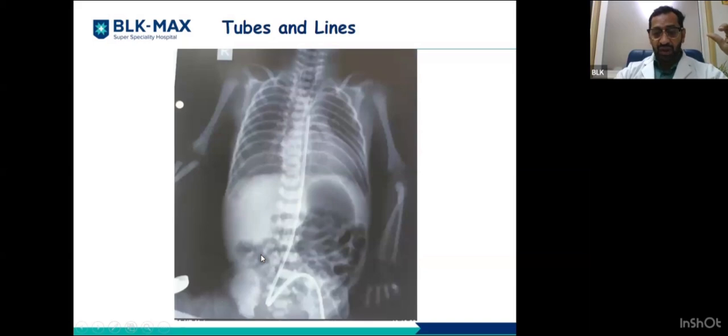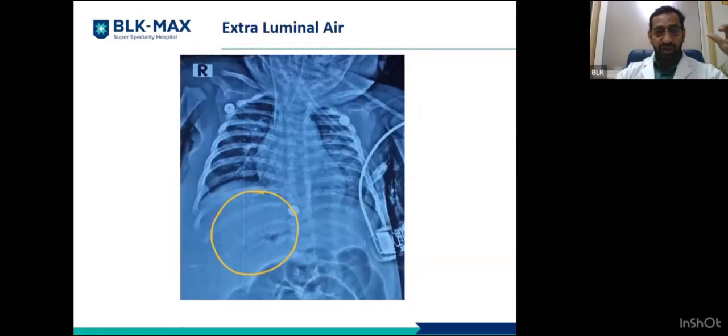This patient was operated on because I suspected intestinal gangrene, but none of us could make this diagnosis of liver gas in the portal vein. But when we saw the X-ray retrospectively, we could make out that yes, there was gas in the portal vein.